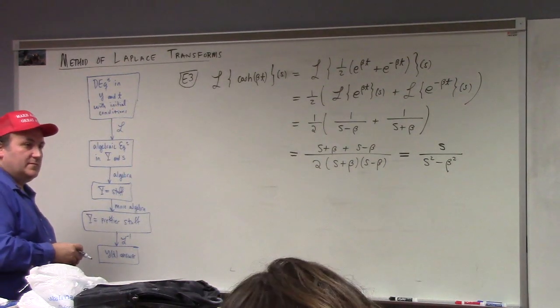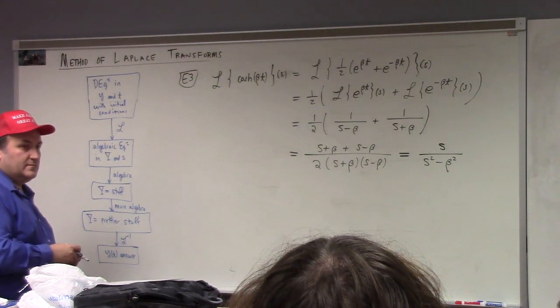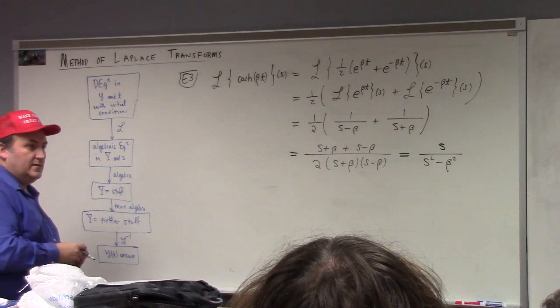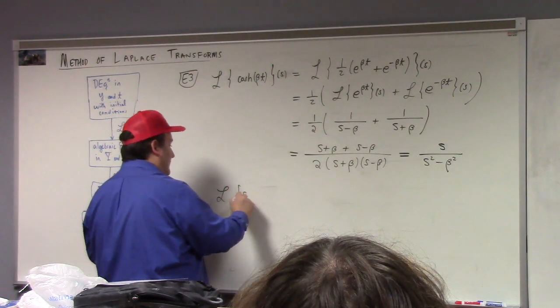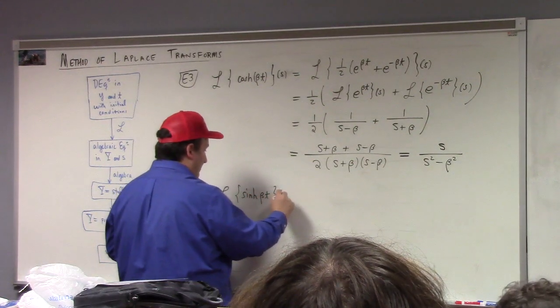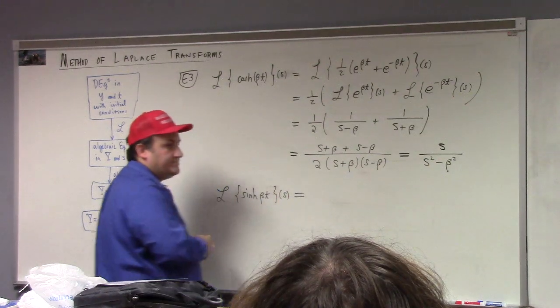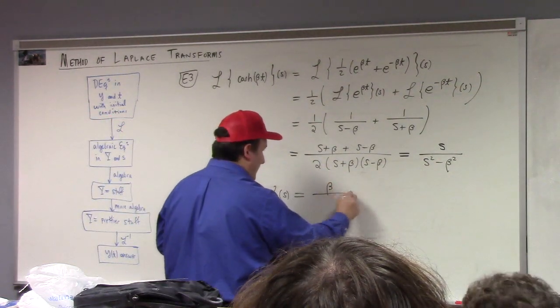Compare that to the formula for cosine. Striking, isn't it? On the basis of the analogy that you maybe just see, what's the Laplace transform of sinh without further calculation? Correct.